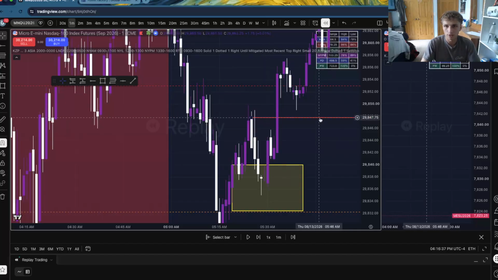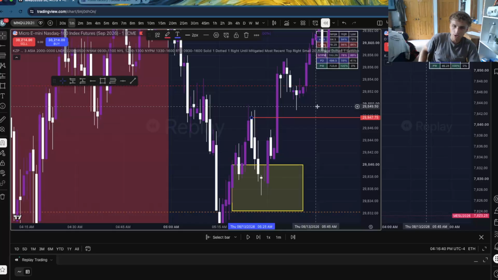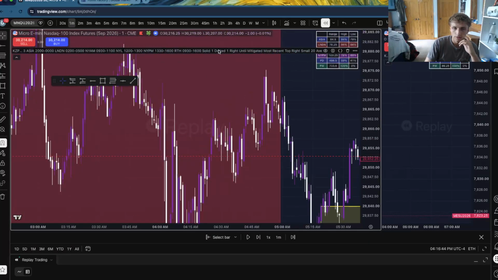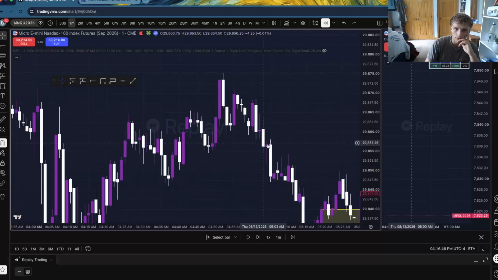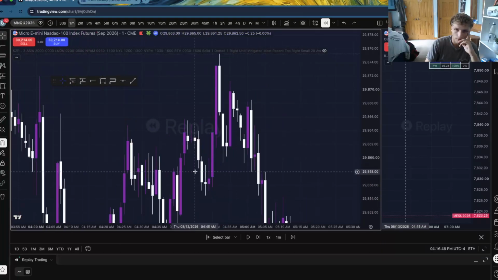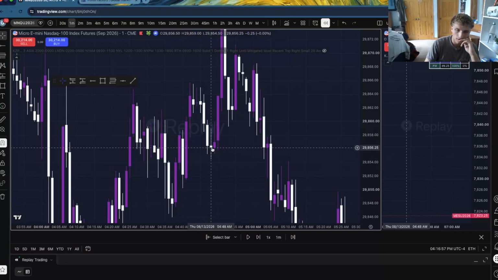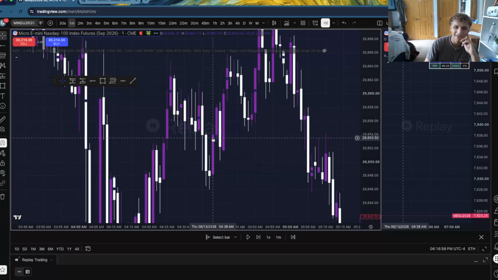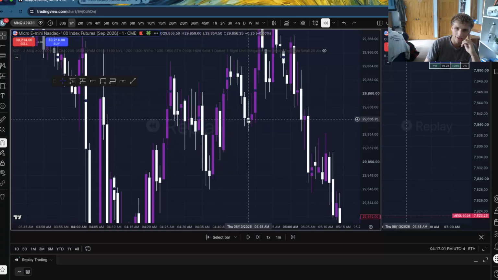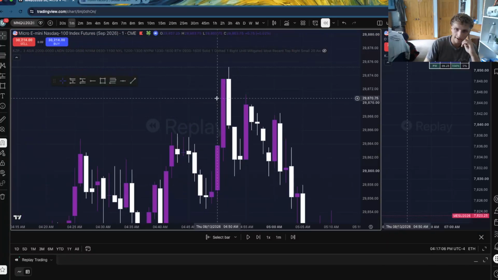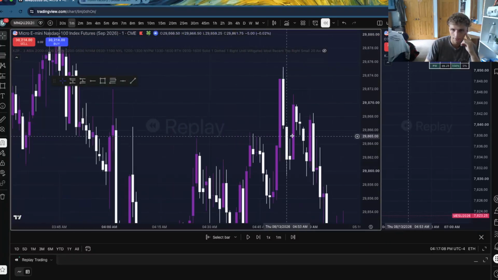Or you can do it for shorts as well. It's not just limited to longs. So what would it look like there? We make a high, and then we make another one. We push up, make a lower high, then a higher low, a higher high, and then what happens?